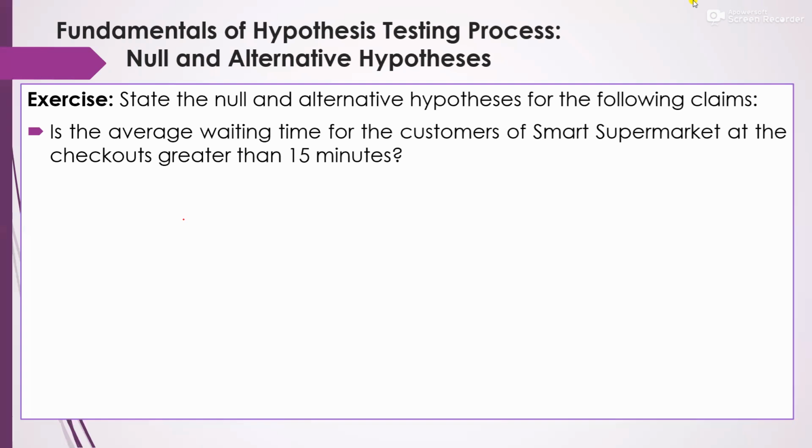So now we identify mu. The parameter is the population mean. So we define mu as the mean waiting time for the customers of the supermarket checkouts.